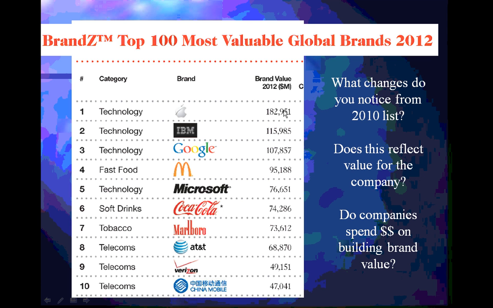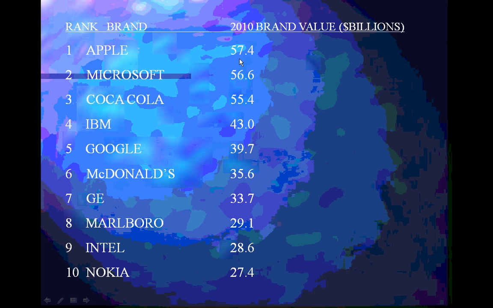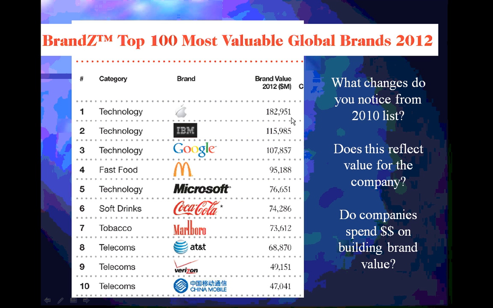Look at the value. $183 billion is what they say the Apple brand is worth. Just 2 years ago, it was only worth 57 billion. So these numbers are rising dramatically because these companies put so much money into advertising. It's that brand that had crazy people lining up, hundreds of them, at 4 a.m. to go get the new iPhone 5.